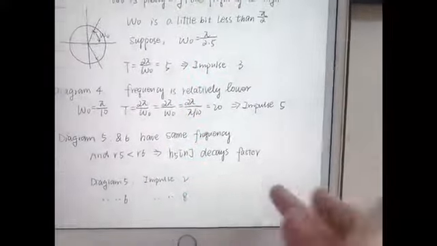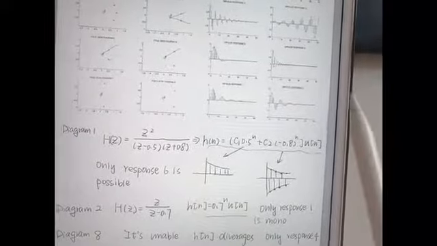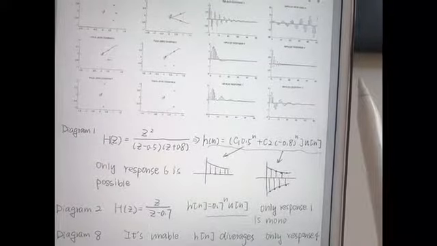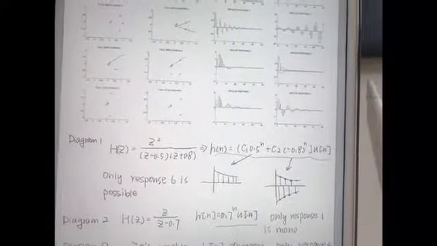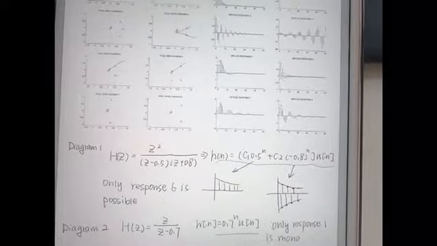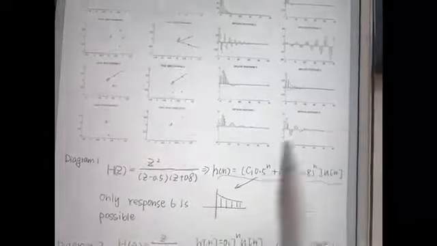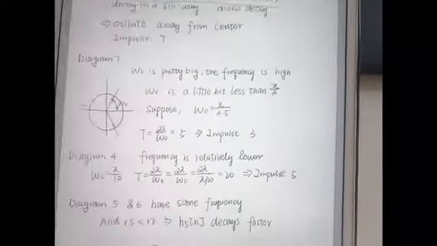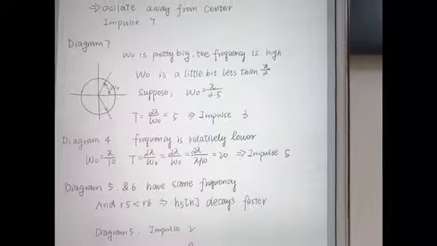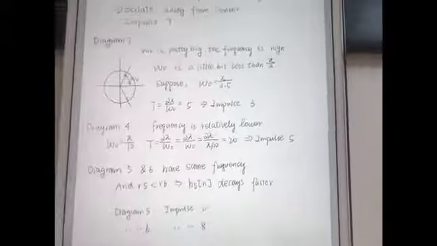Now we only have impulse responses 2 and 8 left, and the one which decays faster matches diagram 5. So diagram 5 will be impulse 2, and diagram 6 will be impulse 8. That is the solution of this whole question.